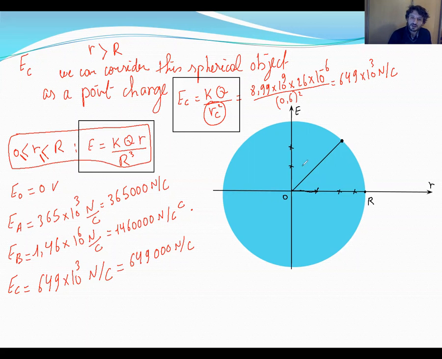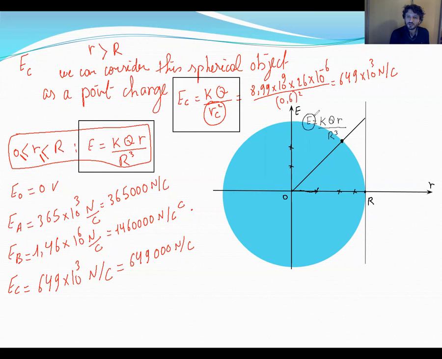Between 0 and R, in this region, we have E equals K Q R divided by R cube.